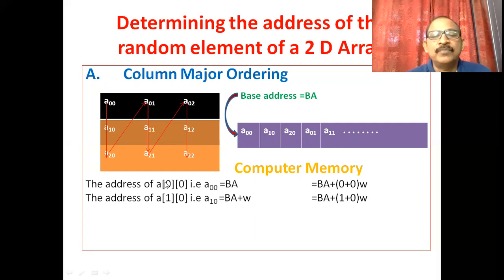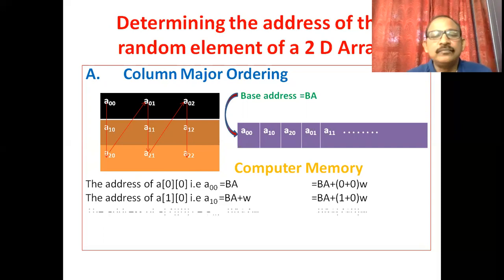Here you can see row subscript is changing, 0, 1, and the column subscript is the same, 0.